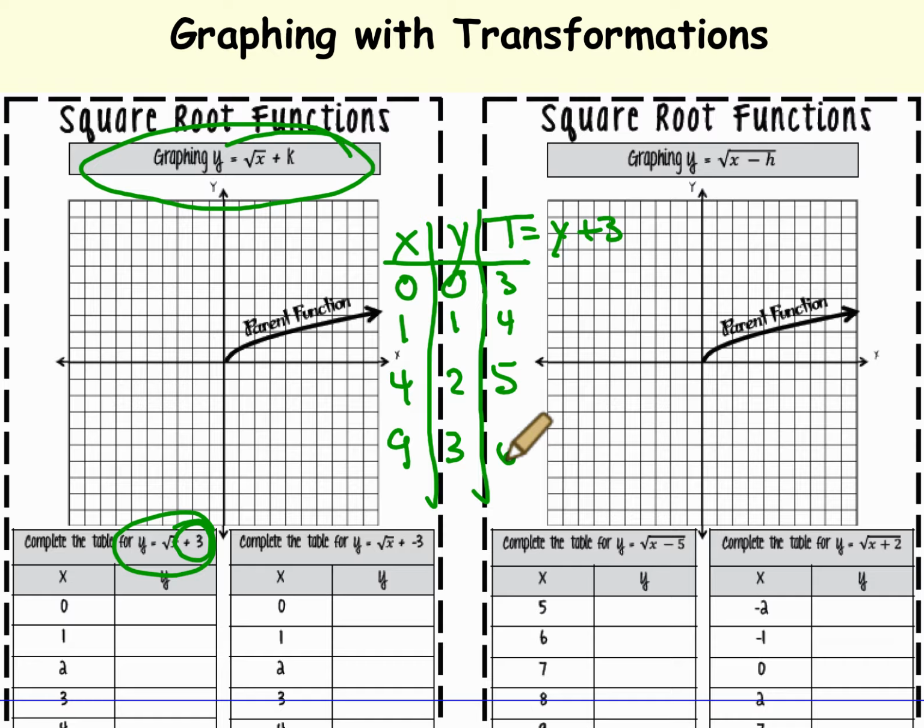I have 0, 3, 1, 4, and 4, 5, and 9, 6. So it looks exactly the same, it's just been shifted up vertically 3 units. So if I'm doing this over here, let's see what happens.